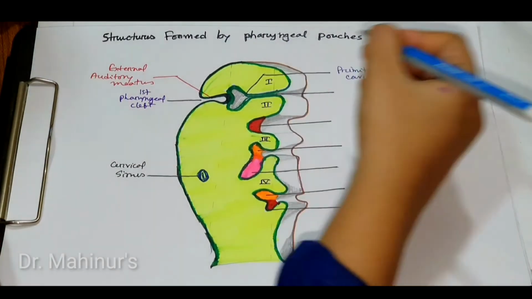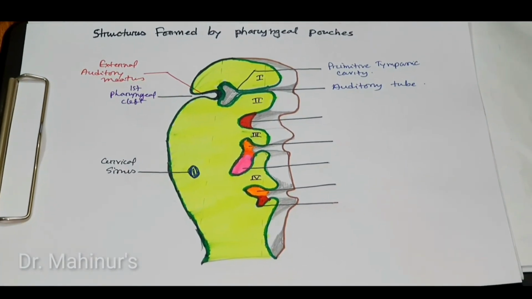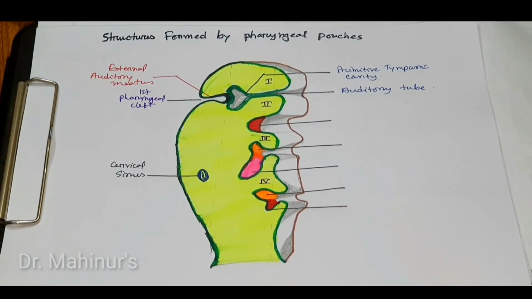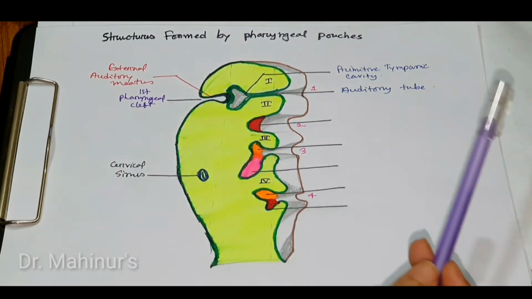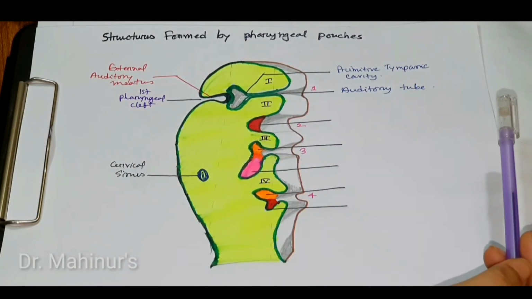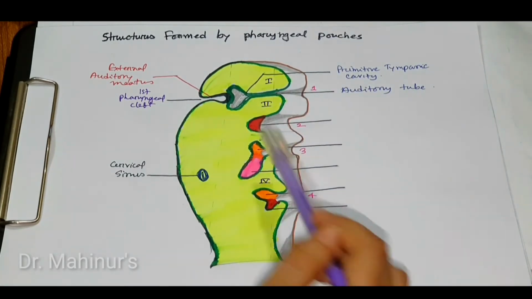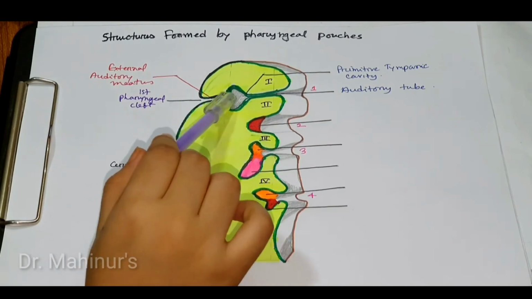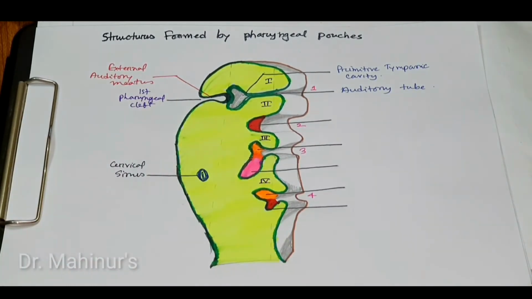The proximal part of the diverticulum remains narrow and takes part in formation of auditory tube. So the wide distal part forms primitive tympanic cavity and narrow proximal part forms auditory tube. Here the first pharyngeal cleft forms the external auditory meatus.